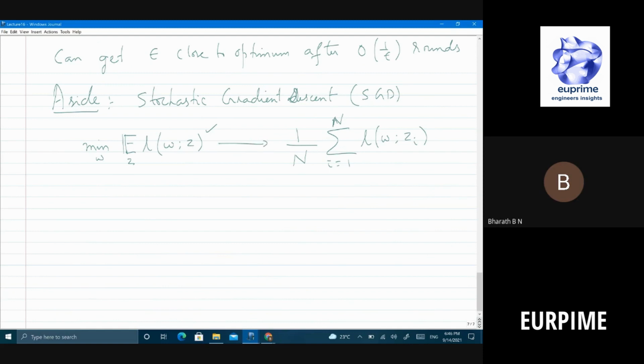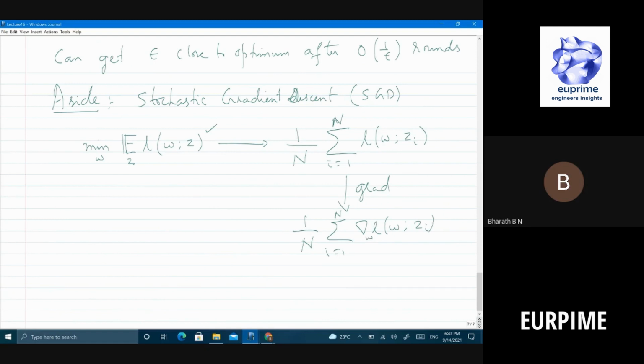But if N is very large, and I ask you to find the gradient, how do you find the gradient? 1 by N, sum over i equal to 1 to N, gradient of this loss function with respect to w. Now you have to find the gradient with respect to w for each data point.